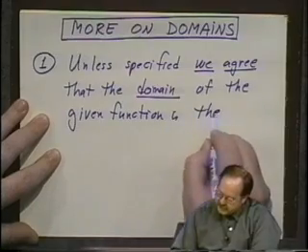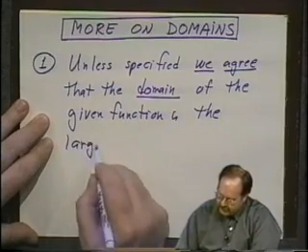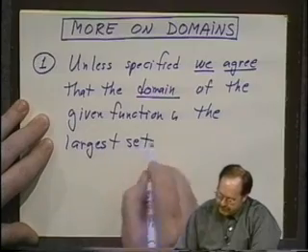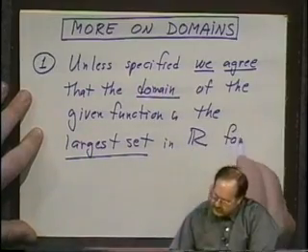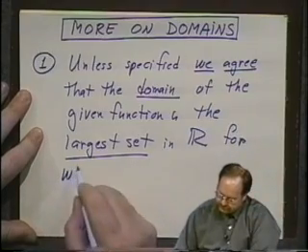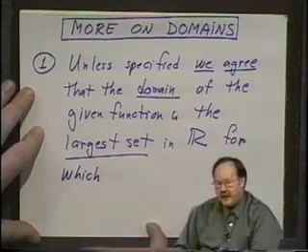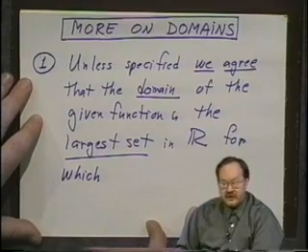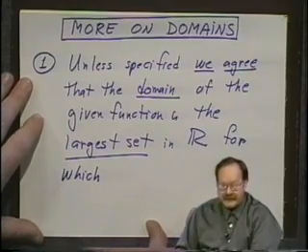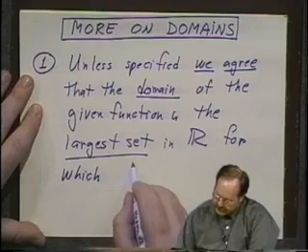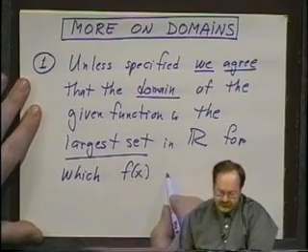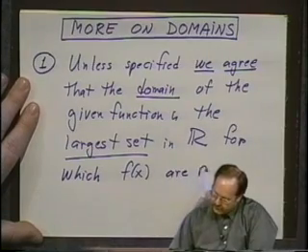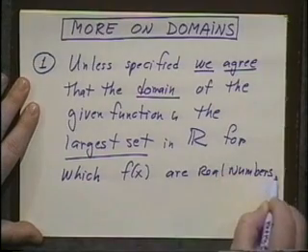is the largest set, here's the way we'll say this, the largest set in the real numbers for which, well, let's see, the largest set for which the function makes sense, for which the function is defined, for which f of x, the range elements that come out of this, are real numbers. Because right now we're only dealing with real numbers.